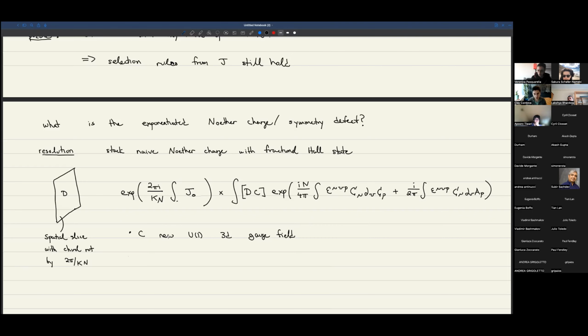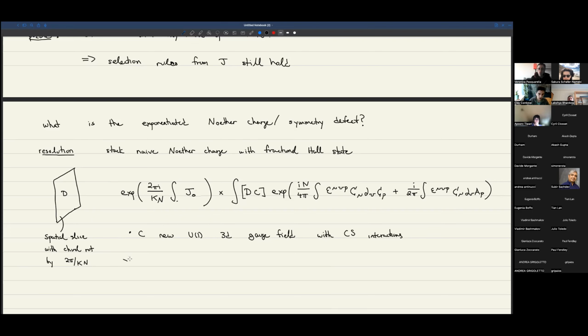So just to highlight some of the features, C here is a new U1 3D gauge field with the Chern-Simons term. Note that here I'm doing a chiral rotation by 2 pi over kn, and the interactions that I'm writing here, the Chern-Simons level in particular, depends on this n.